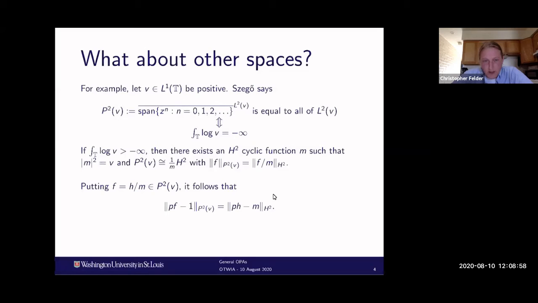Okay. So the moral here is that approximating 1 by polynomial multiples of F in P2 is the same as approximating M by polynomial multiples of H in H2.